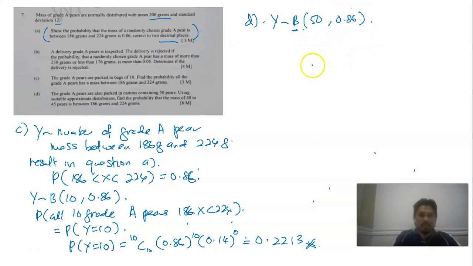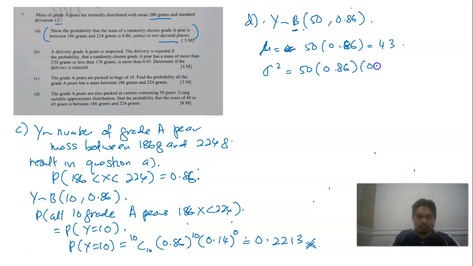Okay, so then the mean of this is 50 times 0.86 equal to 43, and the variance is equal to 50 times 0.86 times 0.14.